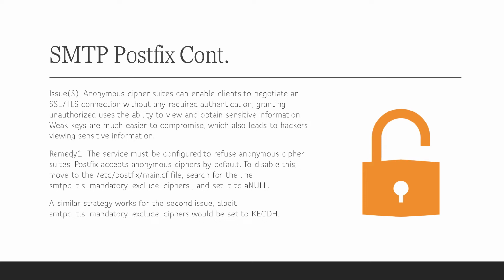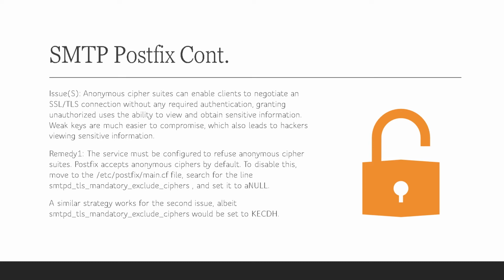Similarly, weak keys are generally much easier to compromise or break in comparison to their stronger counterparts of length 128 bits and above, which again allows hackers to view and obtain sensitive information. These two issues have very similar, if not the exact same, remedy recommendations.